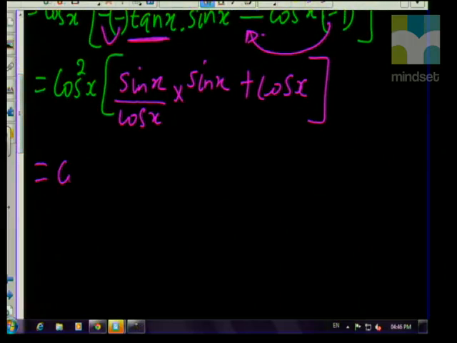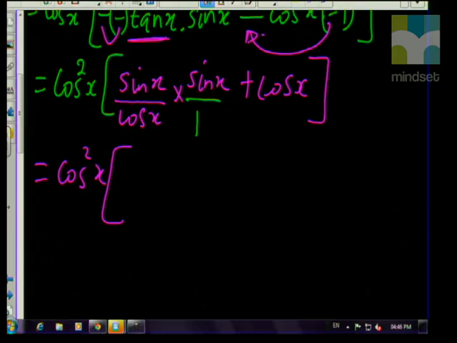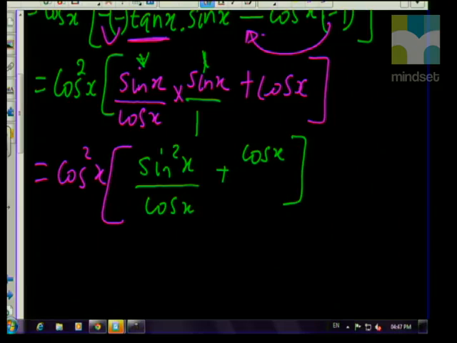I now have cos squared x bracket. Now, guys, remember, this is multiplication of your fractions. So, when you multiply fractions, you've got your numerator by numerator and your denominator by denominator. So, I've got sine x times the sine x, which gives us sine squared x, all divided by cos of x plus the cos of x.